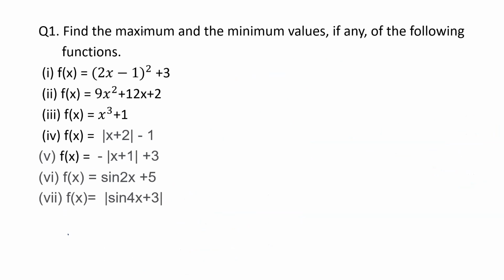Okay, next, please try this question. Anyone get the answer?